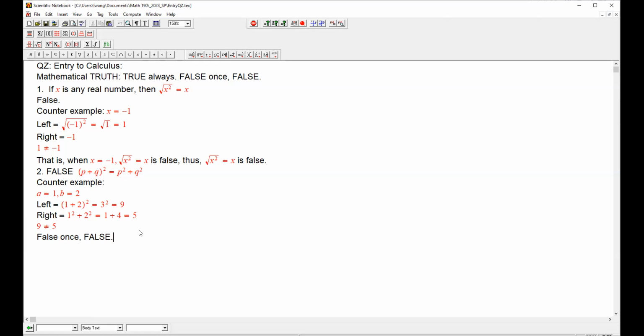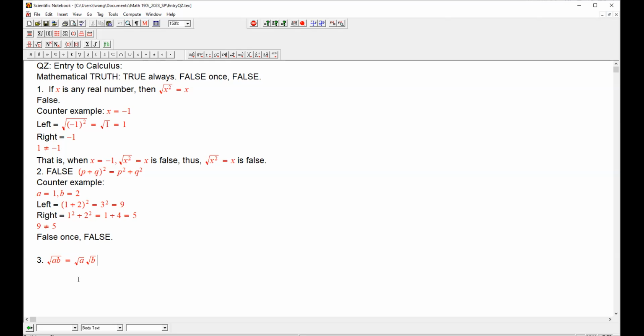Okay. Number three, it is a true statement. And of course, we do this in the domain where the square root of A times B equals the square root of A times the square root of B. This relates to a function, right?